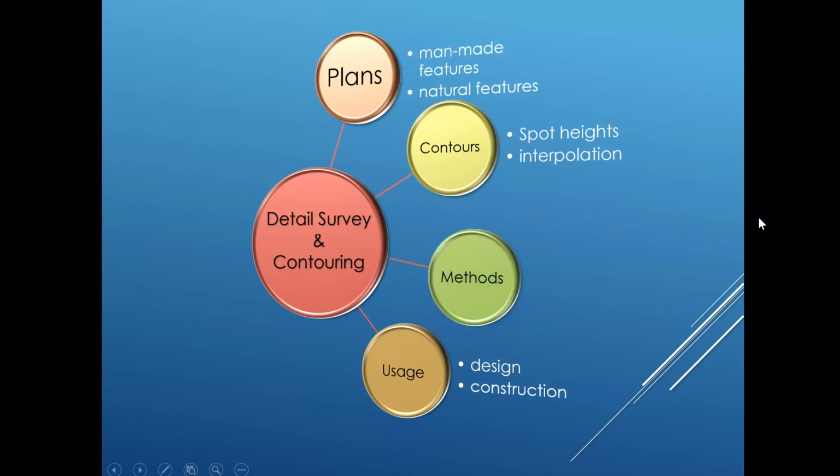Then methods: the common methods that people normally employ in doing detailed survey are either the tachymetry method or the total station method. We will be looking into that later too. So that's what we're looking at as far as this topic is concerned.